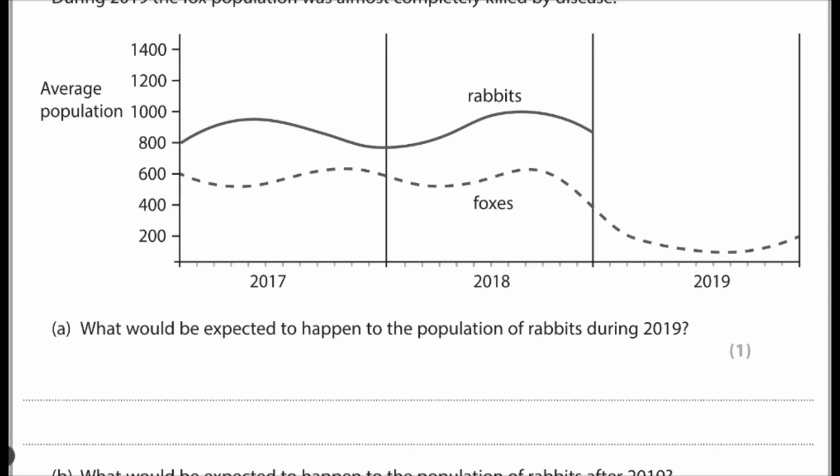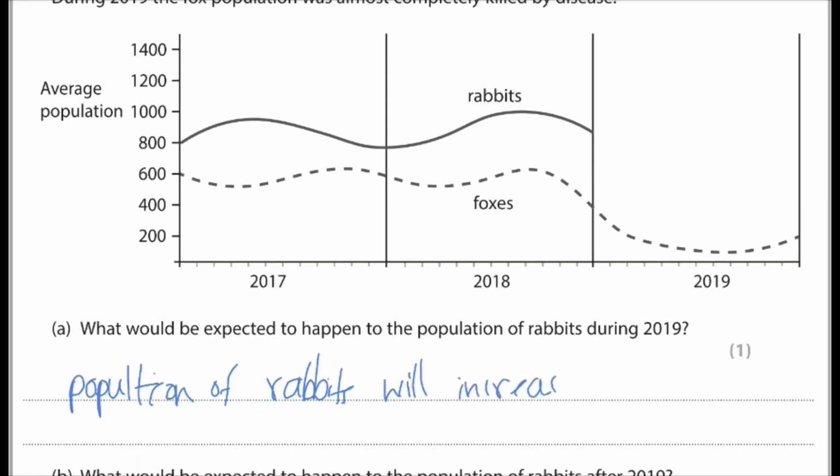So, we will note down first thing they are asking, what would be expected to happen to the population of rabbits. So, the direct answer is the population of rabbits will increase. I will write down the reason also, because we need to practice this one.